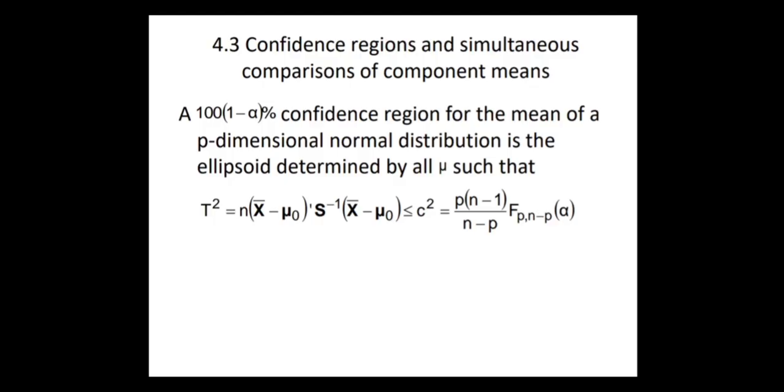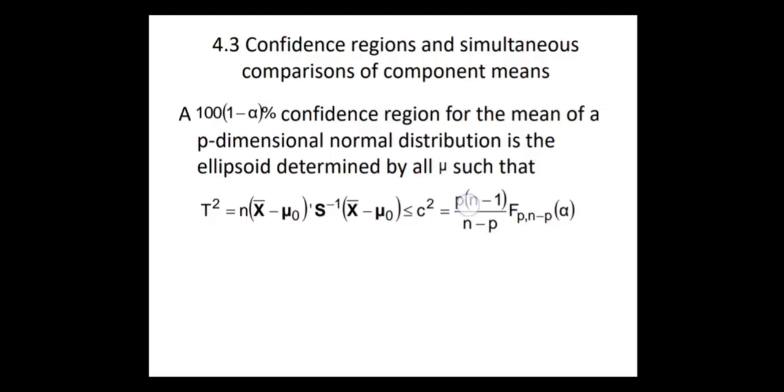Okay, if the square distance is less than the value of c square, so we can say that the mu naught, the mean vector, lies in the ellipsoid region. Okay, confidence region of ellipsoid. Okay, if not, if T square is more than the value of c square, then we say that the mean vector mu naught is not in the confidence region. Okay, simple.